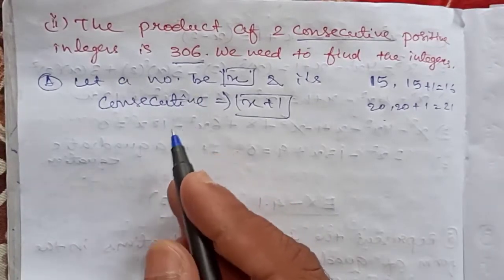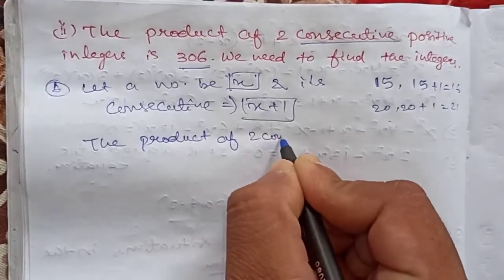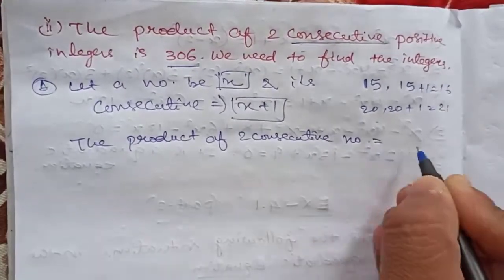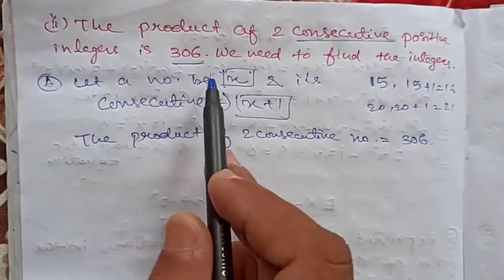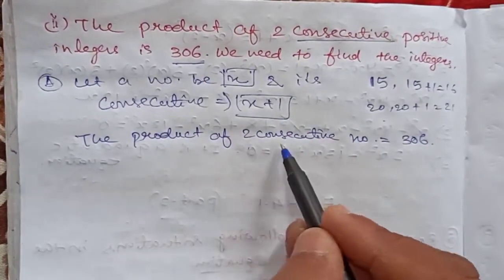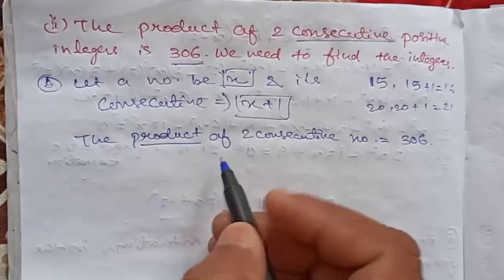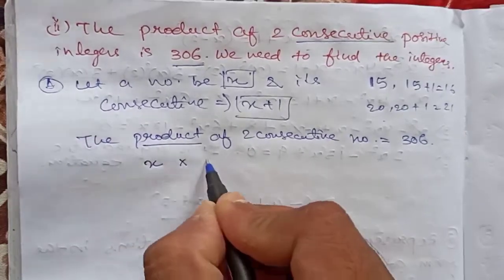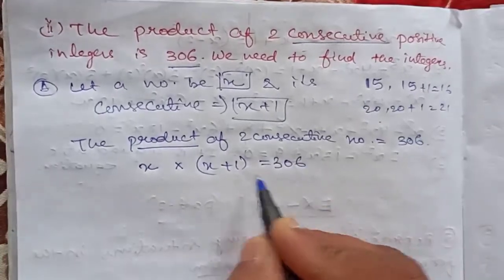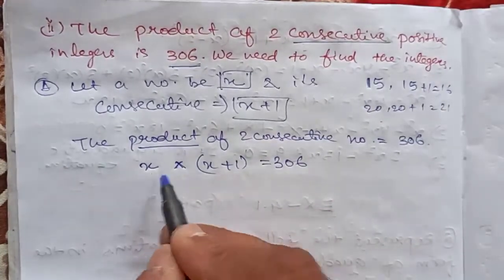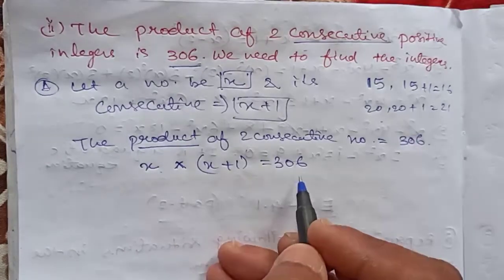Now according to the question, the product of two consecutive numbers is 306. What are the consecutive numbers we have taken? x and x plus 1. Product means multiplication. So x into x plus 1 will give us 306.